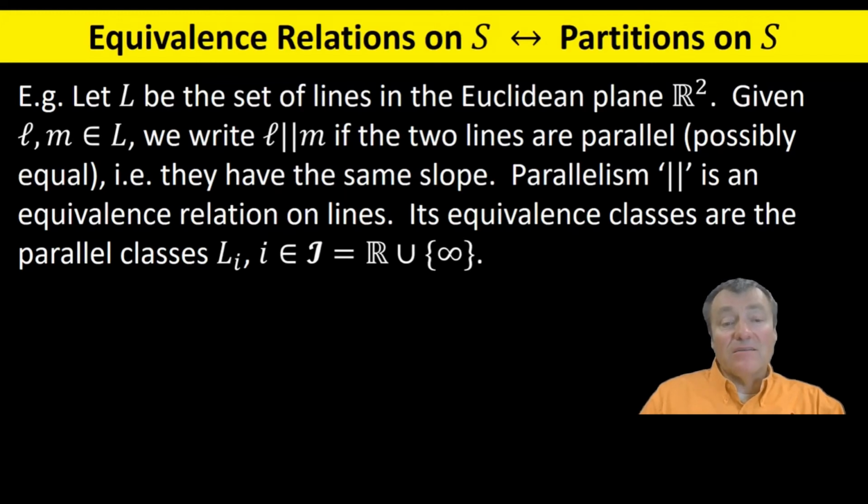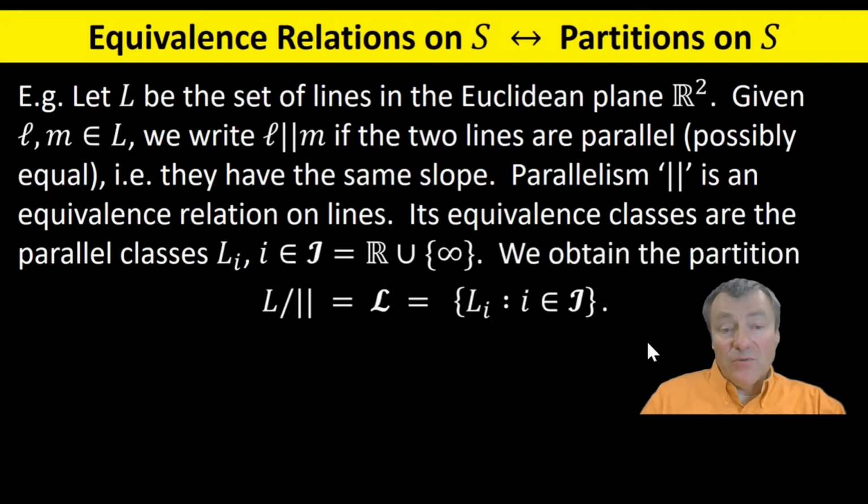My index set for the parallel classes, the equivalence classes, is naturally the real numbers together with one extra symbol that I'll call infinity. So we get a partition to practice our notation. It's the set of lines mod the parallelism relation. I could call it script L, but it's also ordinary L.